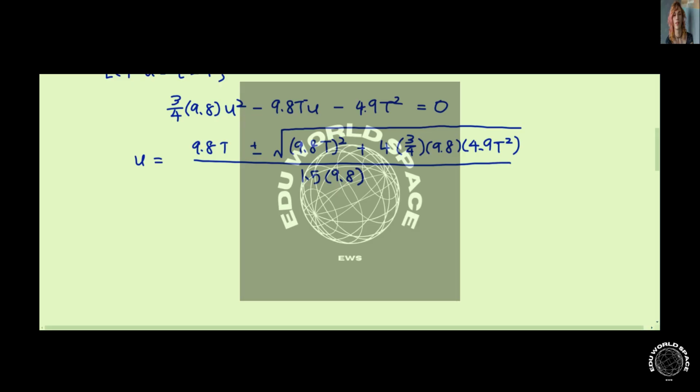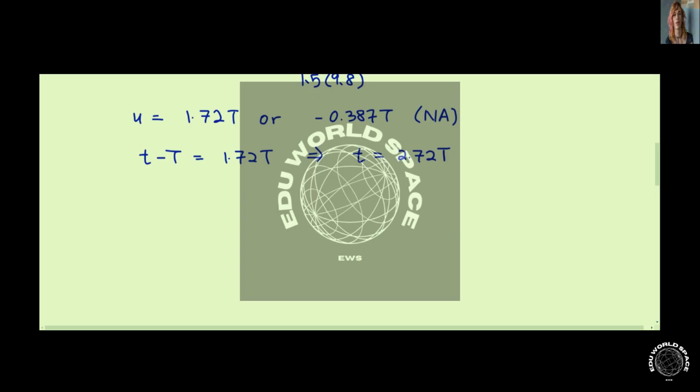And so we found that u is equal to 1.72 big T or negative 0.387 big T, and this is not applicable. So we have t minus big T equals 1.72 T, which means that t is equal to 2.72 big T.